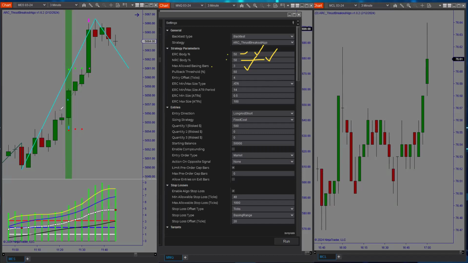So what does that basing candles mean? It means how many of these candles are you allowed to see before you go, dude, it's not going anywhere. It's not breaking. I don't want to trade it anymore. If you got 10 basing bars, that's not an edge anymore. Okay, it's a totally different trade. It's different liquidity.